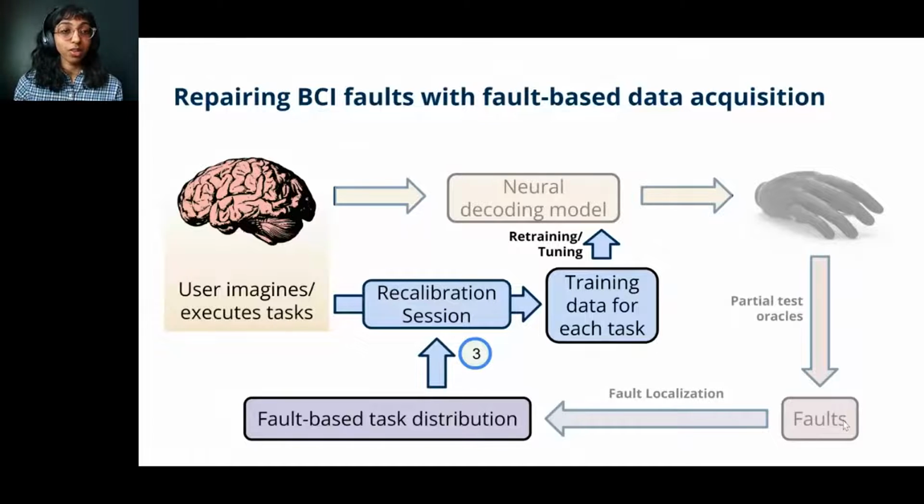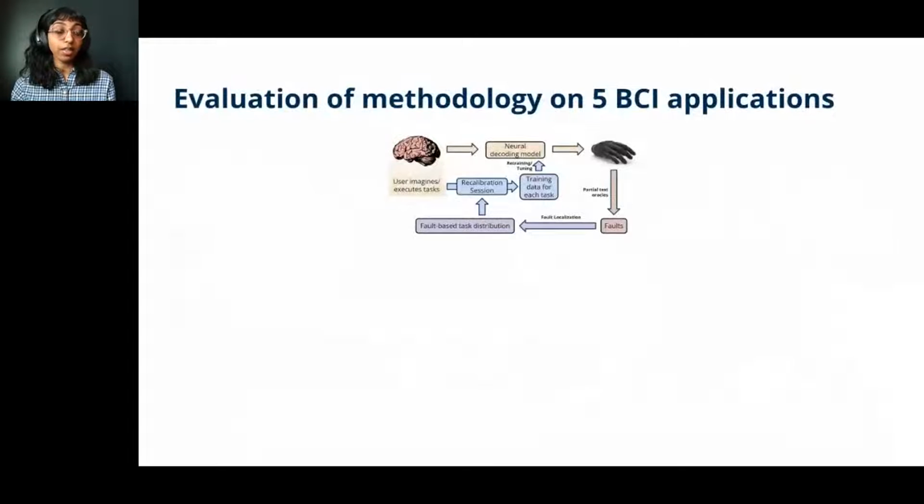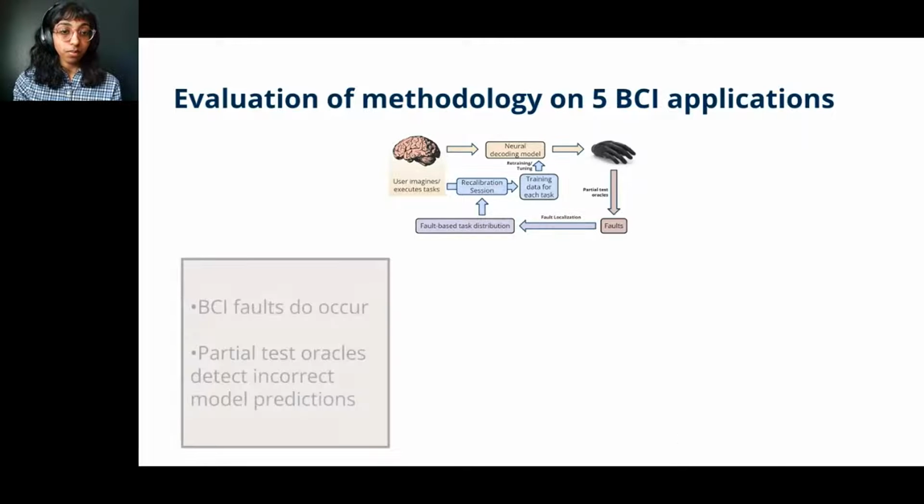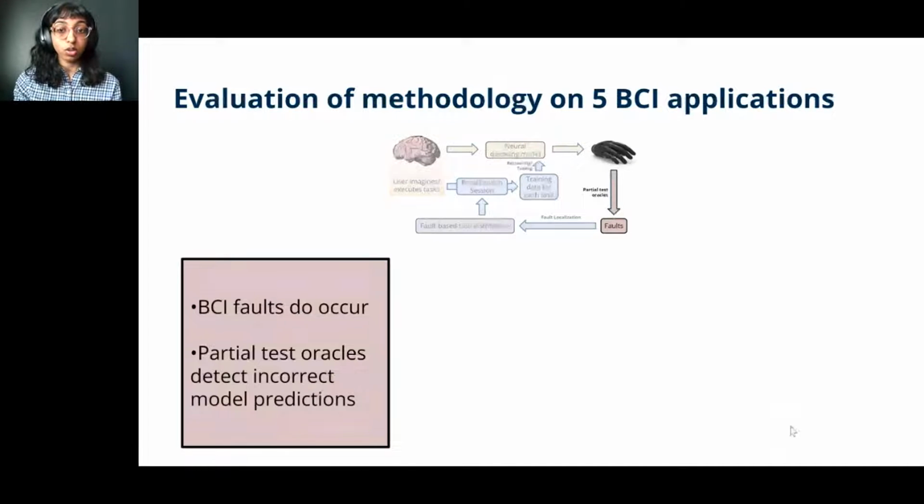We evaluated this methodology on 5 BCI applications. These selected BCIs varied in their inputs, outputs, use cases, and neural decoding models, ranging from classical machine learning models to deep neural networks. By applying partial test oracles to test BCIs, we found that a non-trivial number of faults do occur, and that partial test oracles do detect faults that are indeed incorrect model predictions.